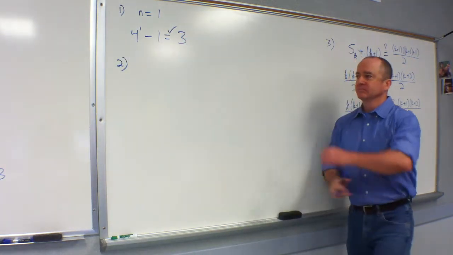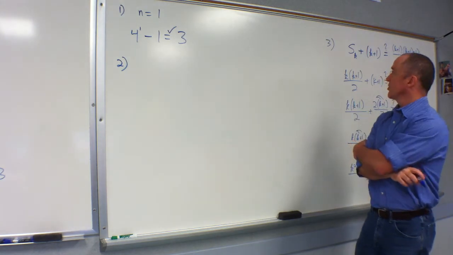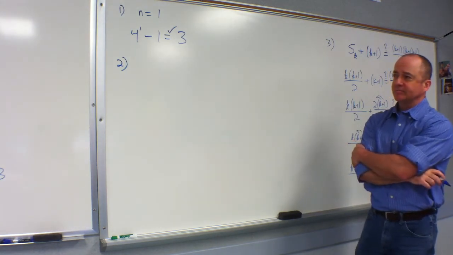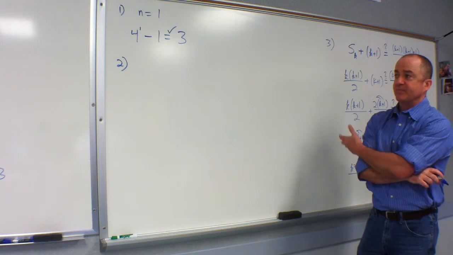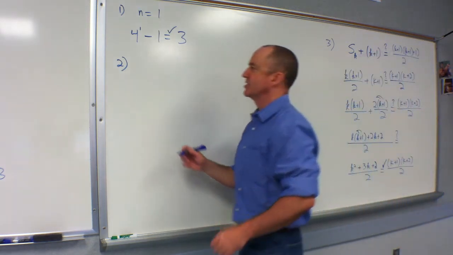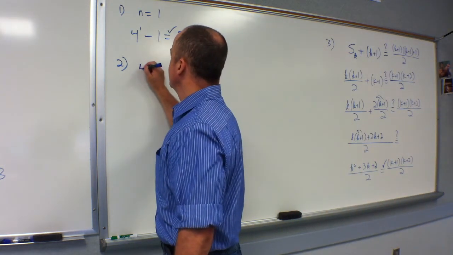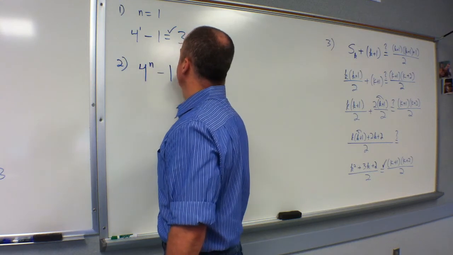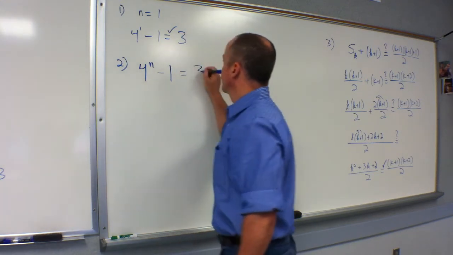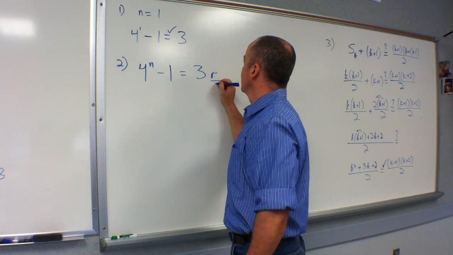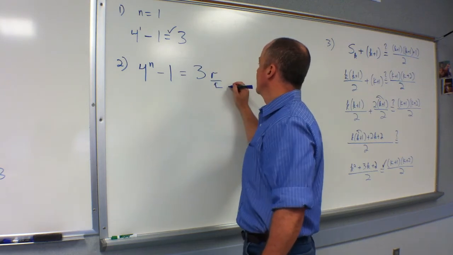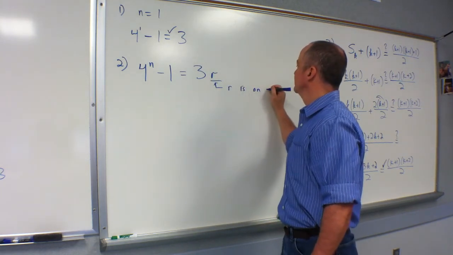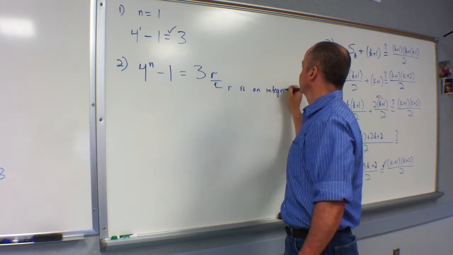Now, step 2 we sort of brushed through on arithmetic series because it's not really necessary, but for this one it is. I'm going to assume that 4 to the k minus 1 equals 3 times r. The only thing I need to know is that r is an integer.